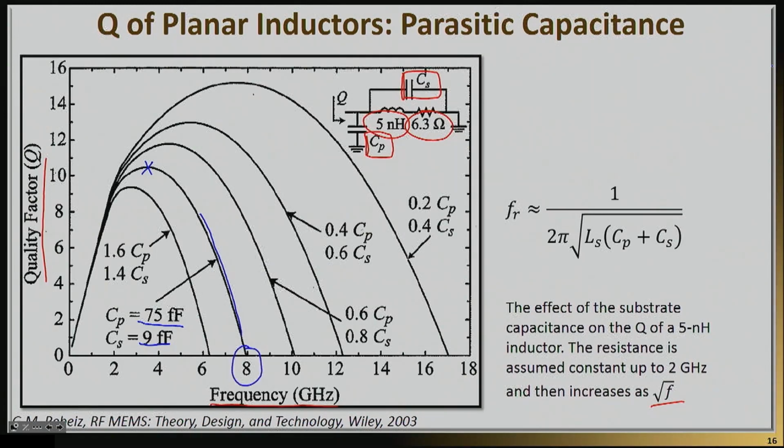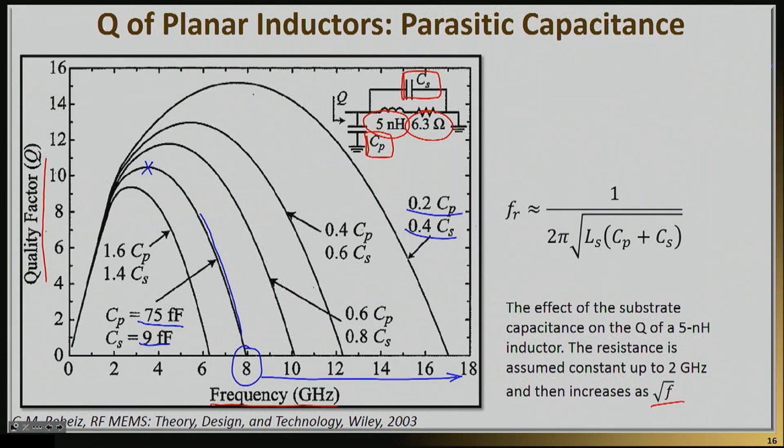What is really interesting to observe here is that as you decrease the parasitic capacitance, let's take this case here, if I decrease my Cp by 80%, and I also decrease my Cs by 60%, then, as you probably would imagine, the resonant frequency shifts to the right.